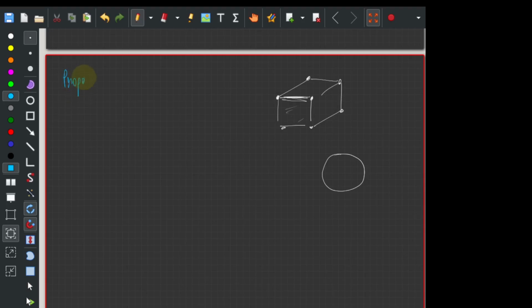Can we say that extreme points always lie on the boundary? Yeah, so by definition, an extreme point is always on the boundary, but not every point on the boundary is an extreme point.